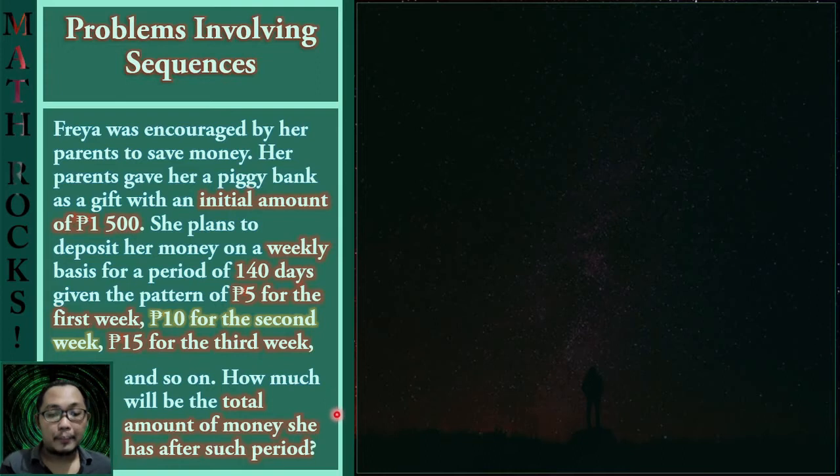How much will be the total amount of money she has after such period? Here you will notice that I have highlighted some of the keywords in the problem in order for me to easily look at the information once I reread the problem.